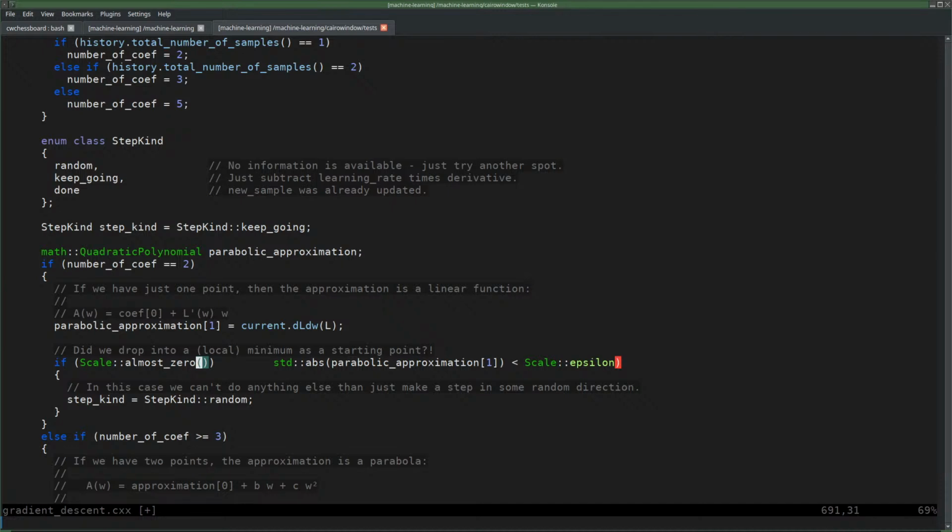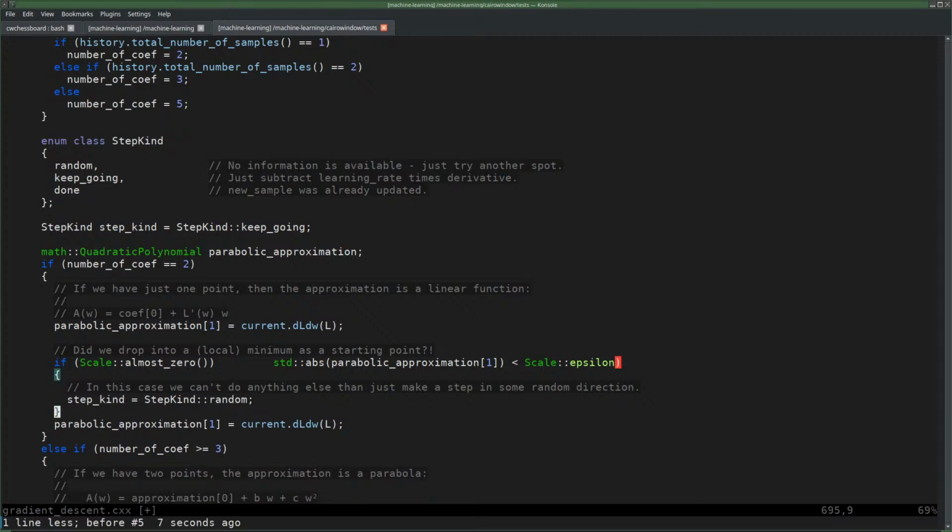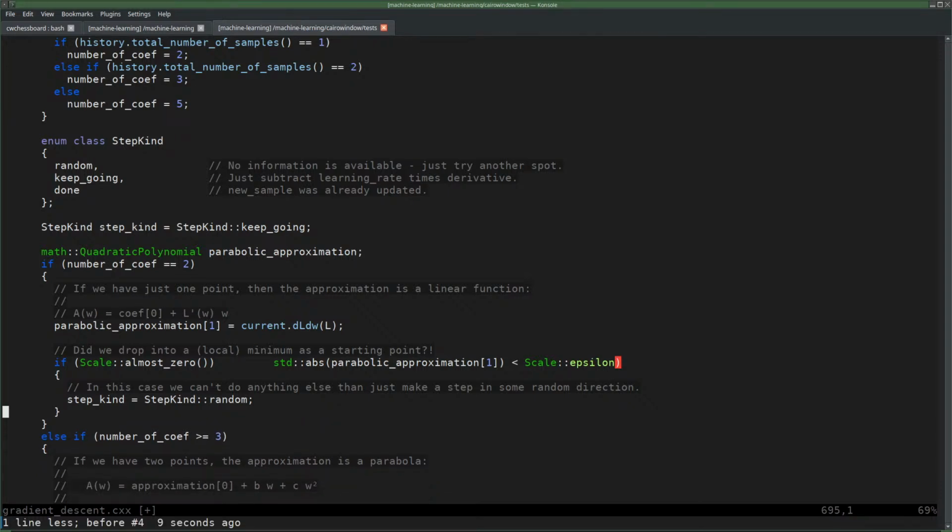I don't know. No, then I can't draw it. I have to assign it. Oh well, I'll just paste it in here then, I guess.